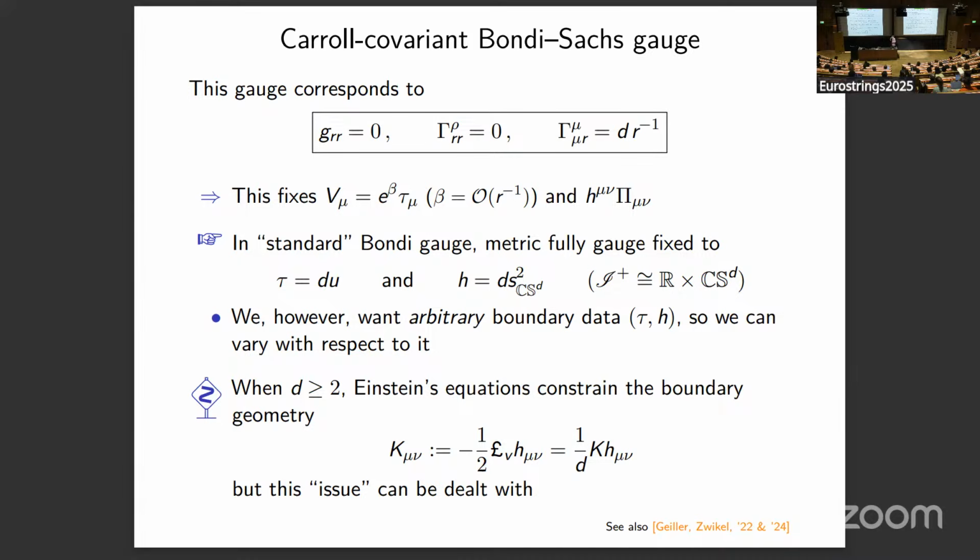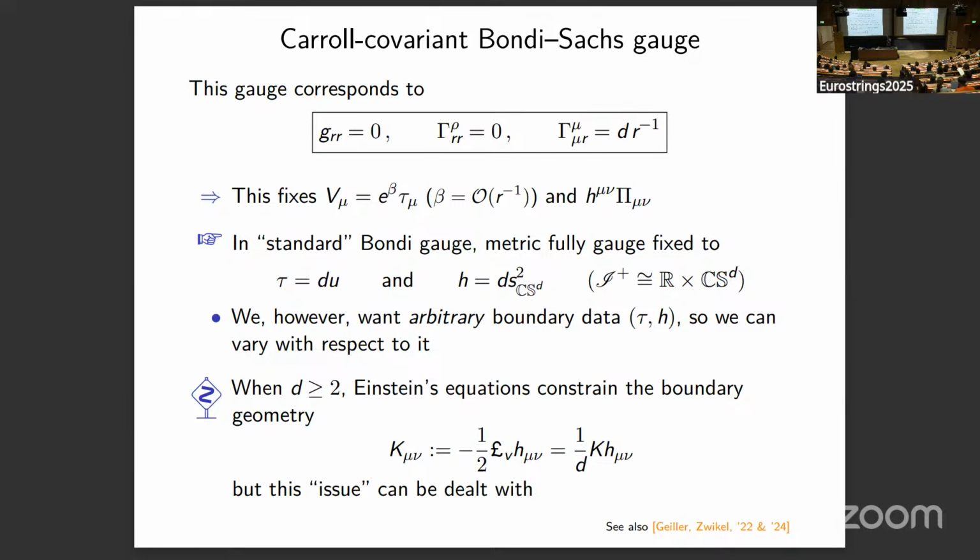And in some sense, this provides a covariant generalization of the Bondi gauge. So that's why we call it Carroll covariant, covariant with respect to the Carrollian structure. Of course, what's usually done is that you fix the symmetries further to go to the full Bondi gauge, where the clock form is related to the retarded time. And this metric, the ruler here, just reduces to that on the celestial sphere.